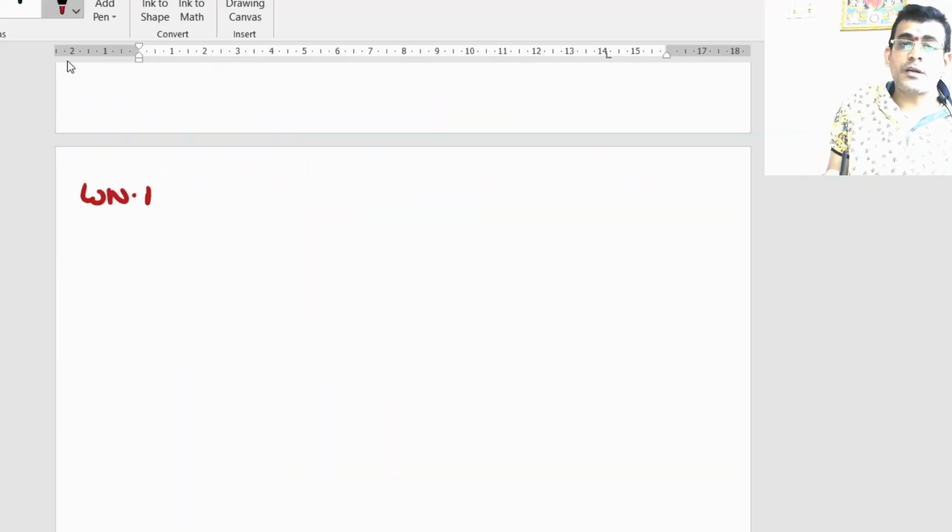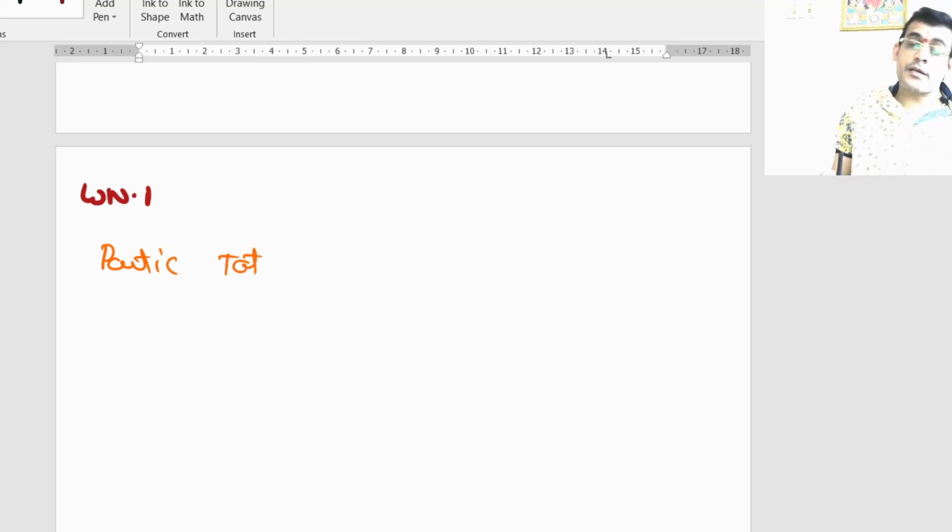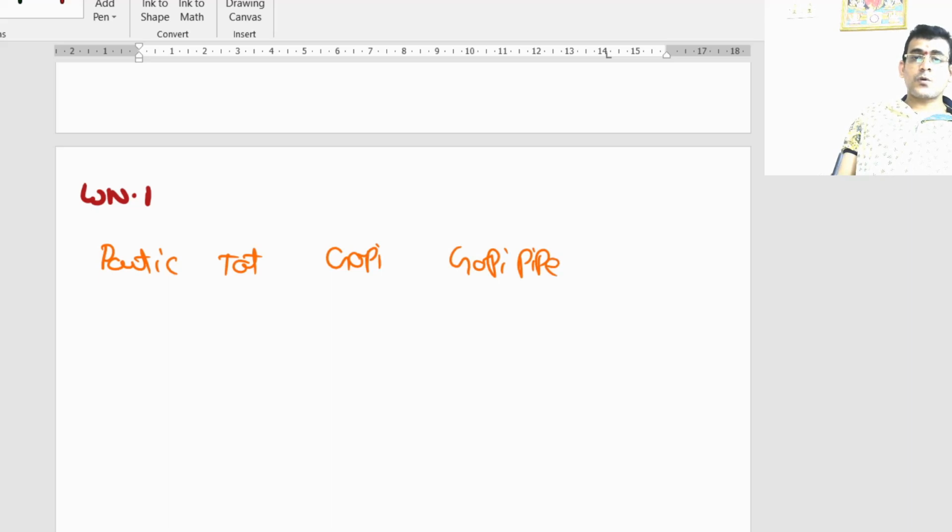Working note number 1. Basically 2 assets are there. Let us do one by one. Now let us take particulars, Total, Gopi, and the other column is Gopi Pipes Private Limited. So these are the 4 different columns we should have. Now, in the case of your particulars, what is your first asset?